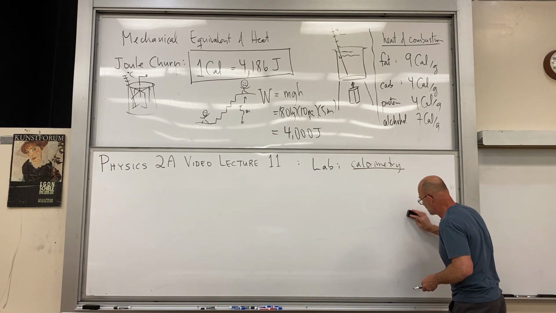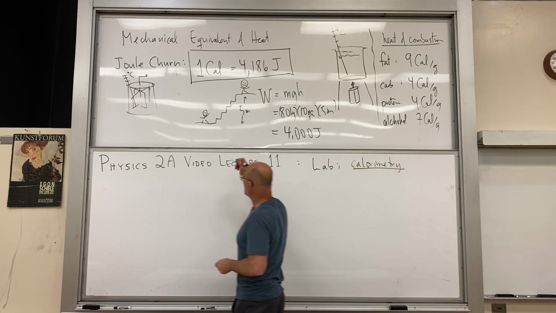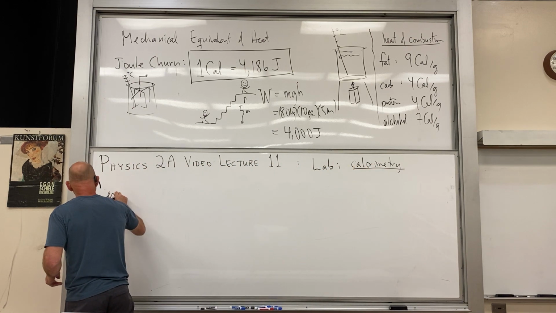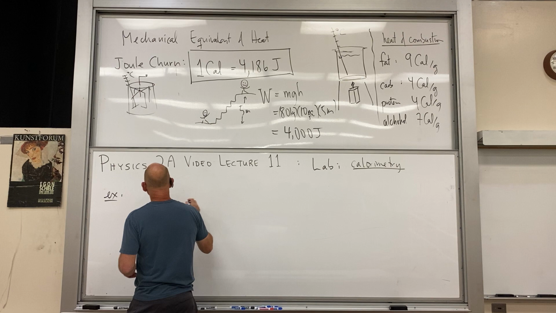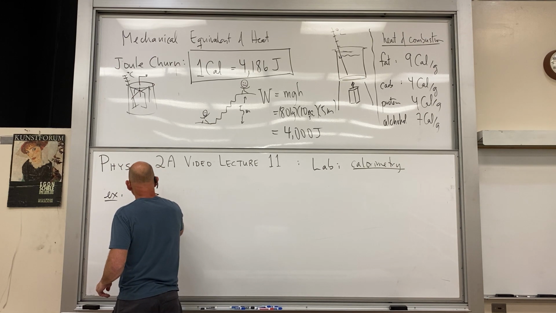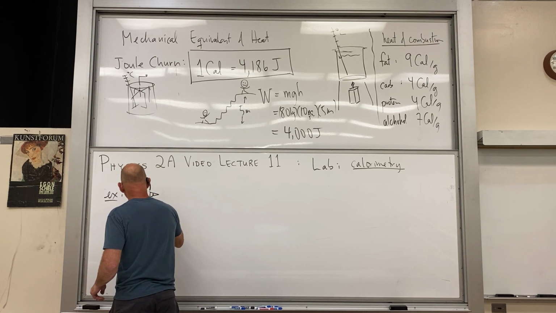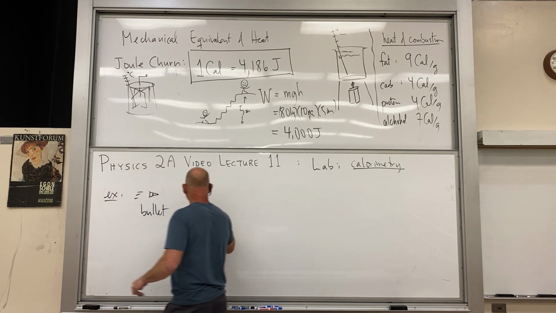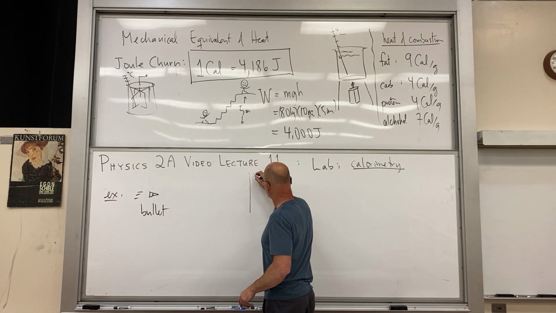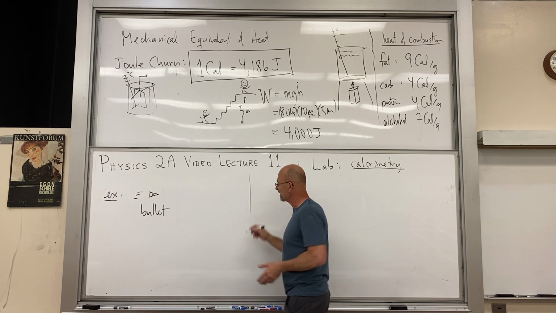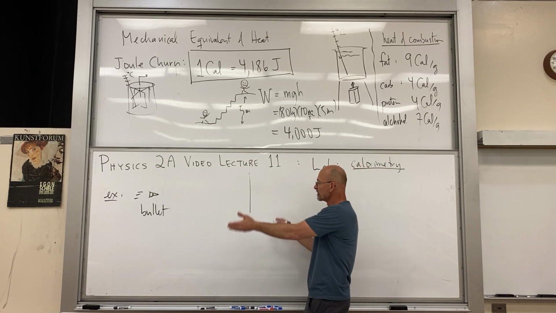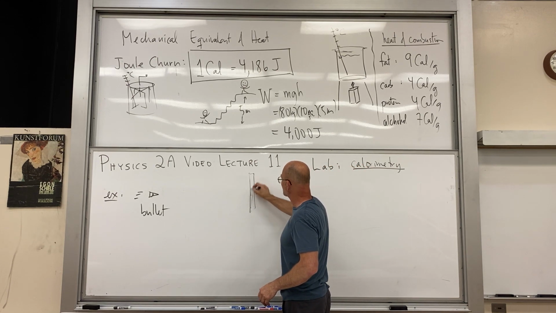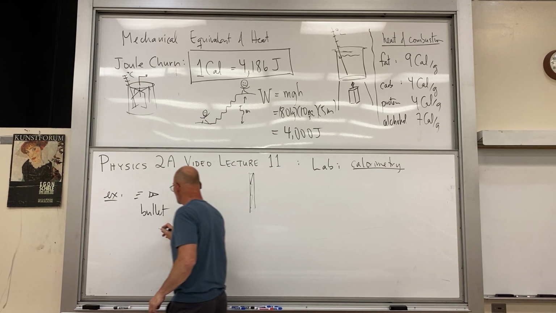So, the two examples I'm going to give for the mechanical equivalent of heat, one is a bullet. So here's a bullet, and it's going to smash into something. You either hit a tree, in the book it hits a tree, or it can smash into plate metal or something, okay? So the bullet's going to come to a stop.